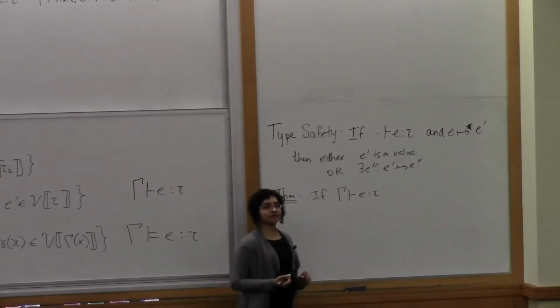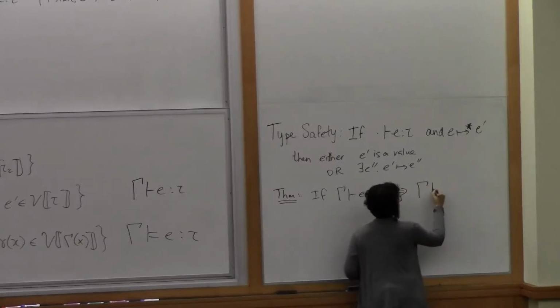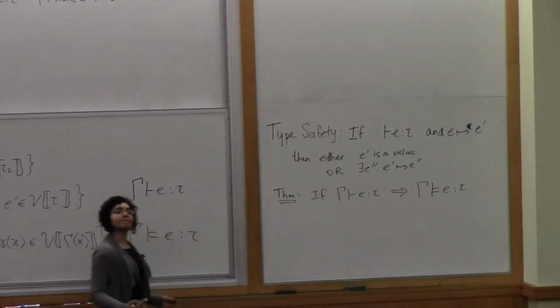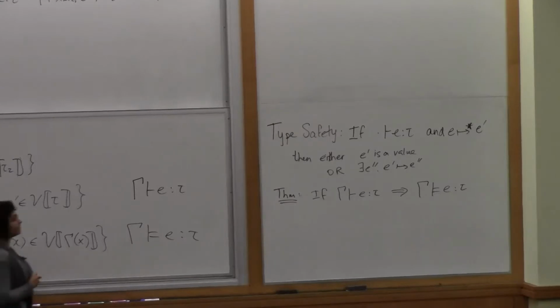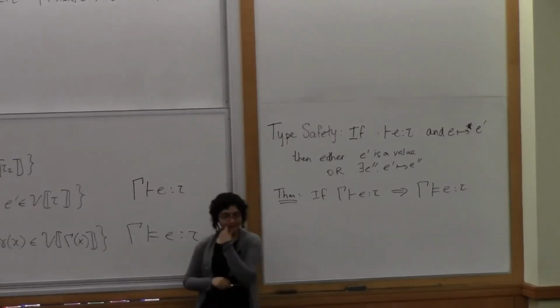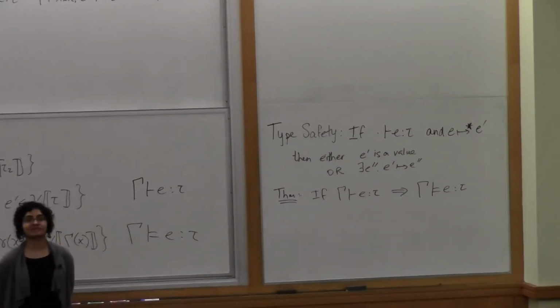If E type checks under gamma and has type tau, then E will semantically behave like it has type tau under gamma. That's how you should read that. Okay. Now, before we go any further and even start to talk about how we prove this theorem, why is that the theorem that we want for type safety?